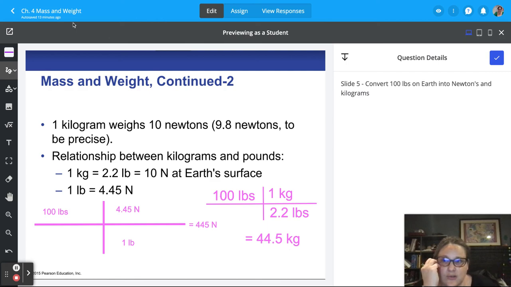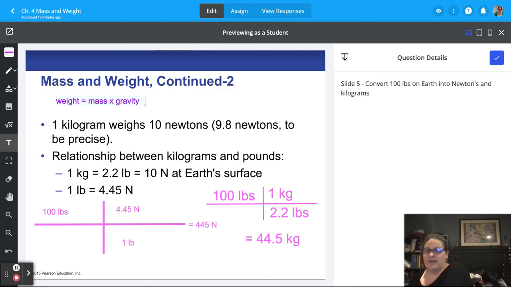All right, so the equation to convert between mass and weight is weight equals mass times gravity. And this is just a specific version of Newton's second law, which is force equals mass times acceleration.